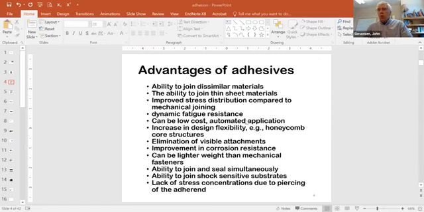It will be more, but not as rigid as a nail or a screw or a bolt. And therefore your fatigue resistance is higher because it can bend as the substrates bend, whatever you've got it glued together. So it can be low cost. You can have automated application. And it also gives you a lot of design flexibility that you can't get with mechanical fasteners.